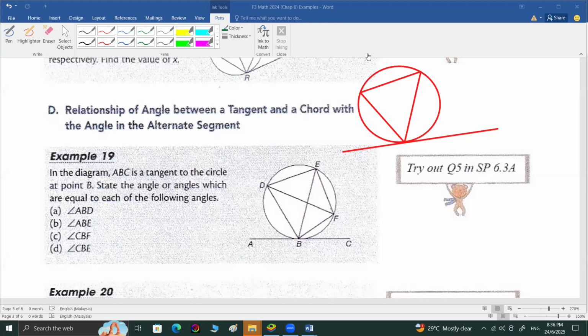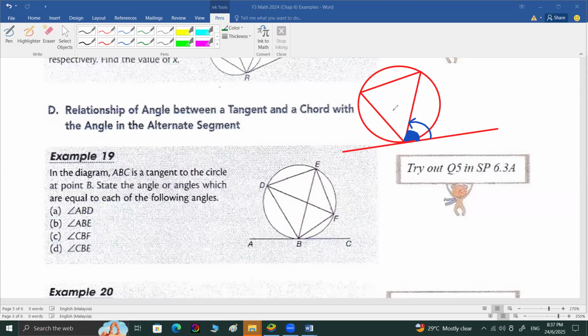So for those of you who can follow, Joanne and the rest, you can try the rest of the question first. Okay, so that's 3. But you see here, if I draw the angle here, you see this line, okay, this line. Yeah, because this angle touches this line, right?